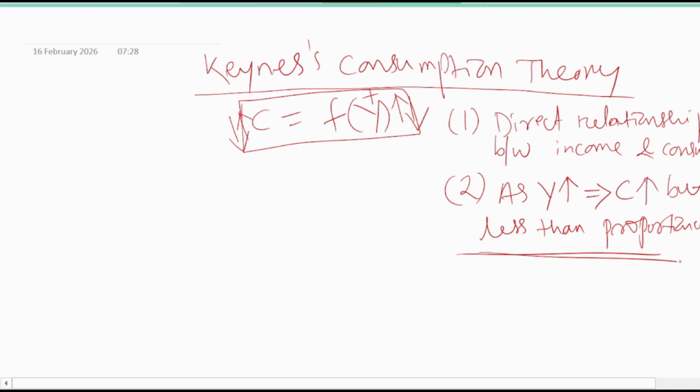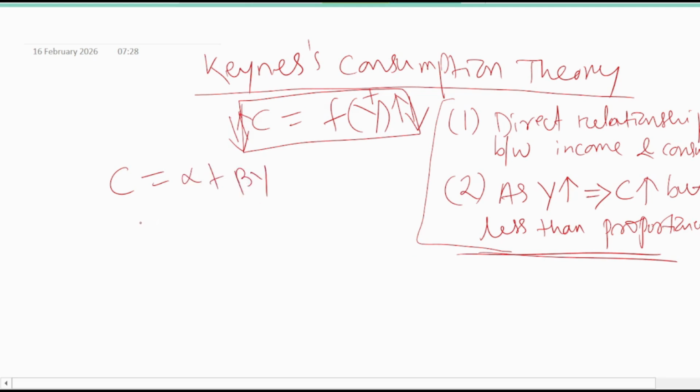These two things are explained in the Keynesian consumption function. Now, using this theory, how to represent this economic theory in terms of a mathematical equation? We can write the mathematical equation as C is equal to alpha plus beta Y.